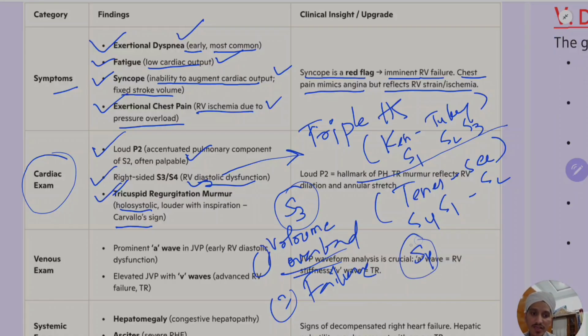And S4 is because of stiffening of the right ventricle. So the blood is pumped against the stiffened ventricle. That's why you are getting an S4 sound before the contraction of the ventricles. So S3 can be normal, but S4 is always abnormal. S4 is always abnormal.